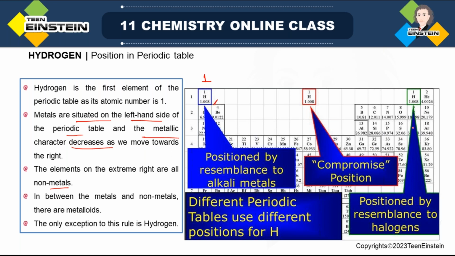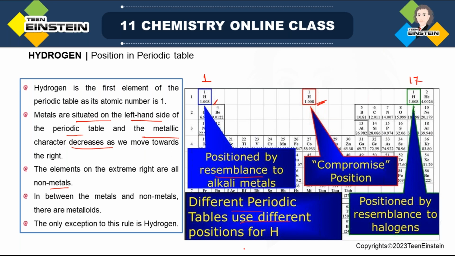So from resemblance alone it sometimes goes in group 17, but mostly we place it in the middle, because though it has similarity with alkali metals as well as halogens, it also has some dissimilarities with both.